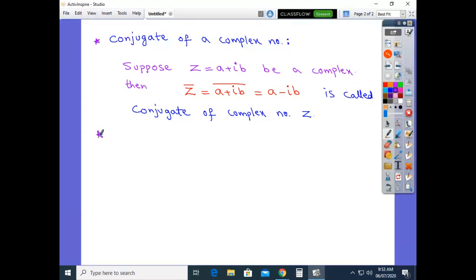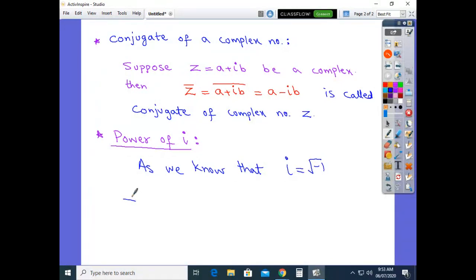Now the next thing is power of iota. What is the power of iota? First of all, as we know, iota is equal to square root of minus 1. If we take the square on both sides, iota square is equal to square root of minus 1 squared.